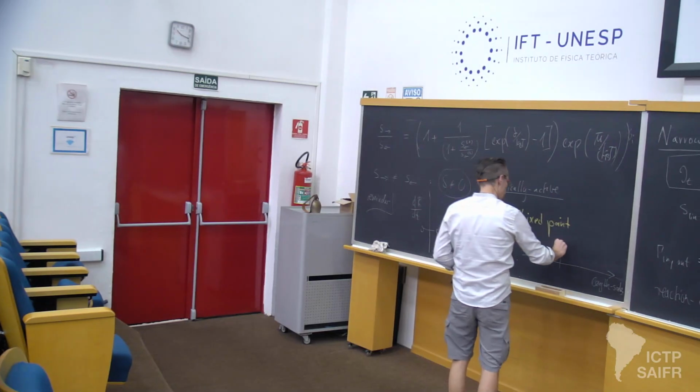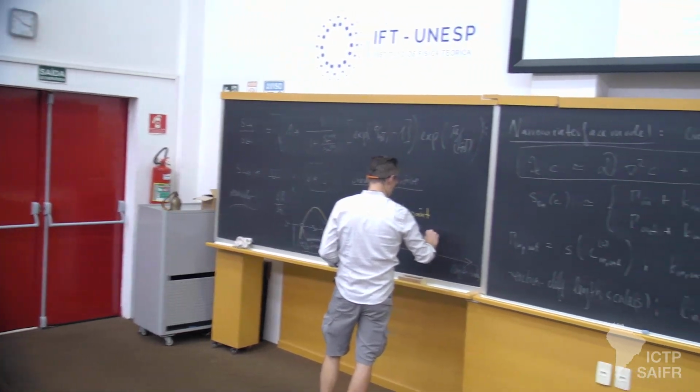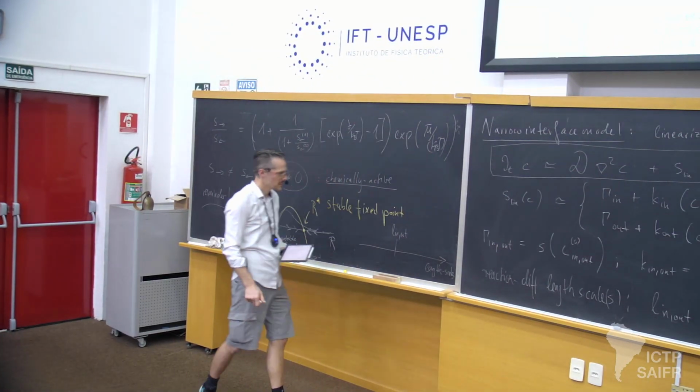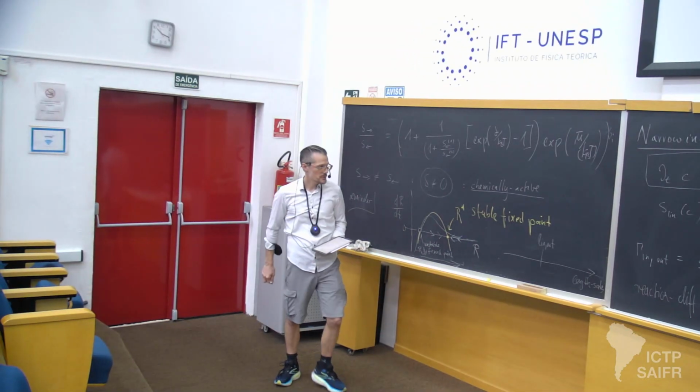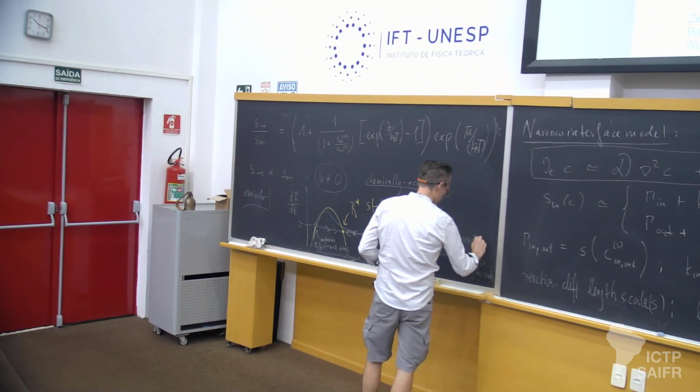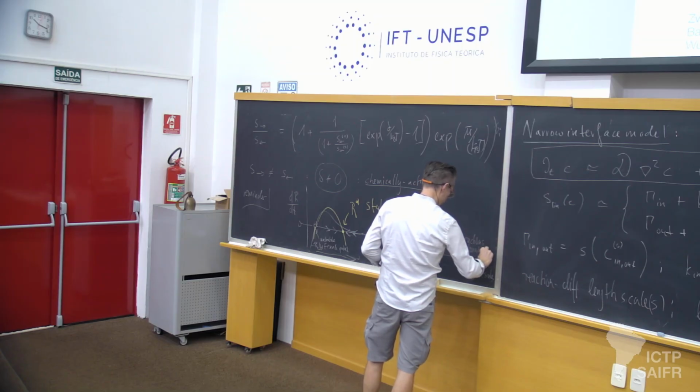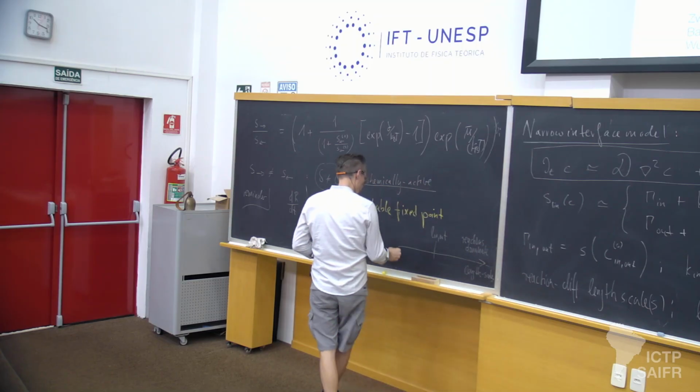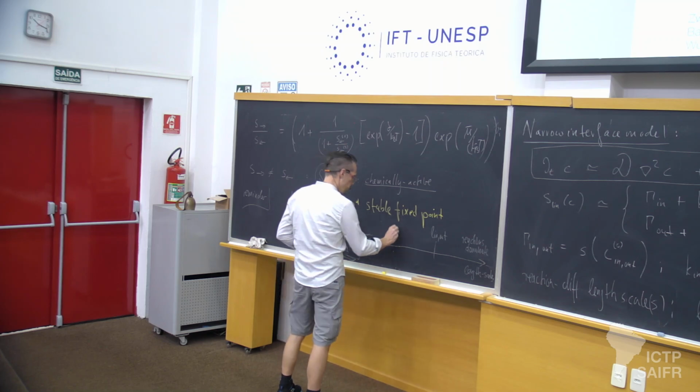And there is somewhere here the reaction diffusion length scale, in, out, respectively. When you're above the reaction diffusion length scale, reactions dominate, while below, diffusion dominates.